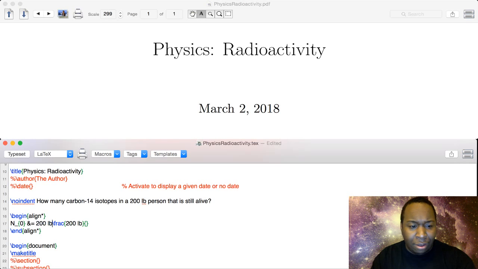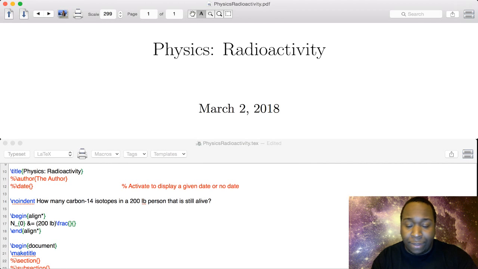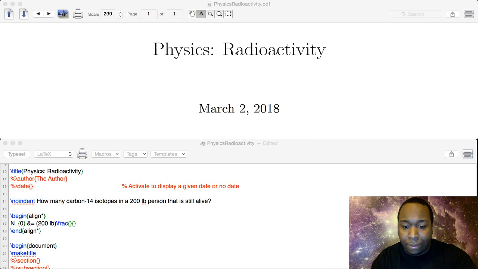And the unit of mass I like to work with most commonly is going to be kilograms. So we need to first figure out what 200 pounds converts to in units of kilograms. I was looking online because I was actually curious of this myself. And so we're going to do this together really quickly.